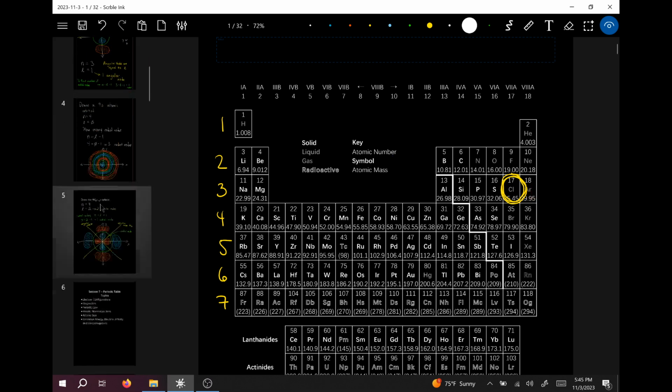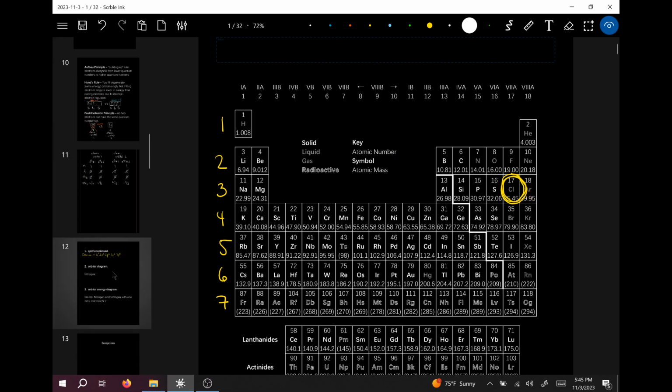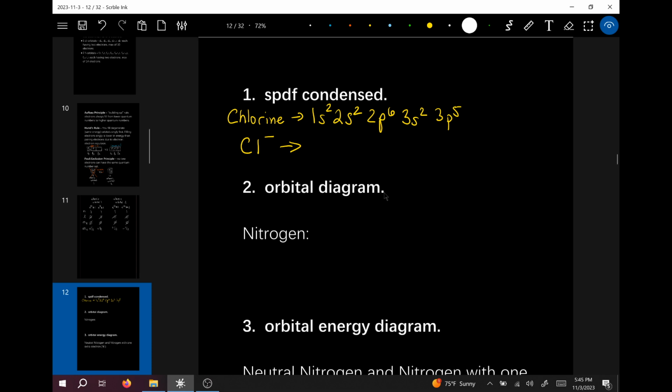So again, I have to ensure that I have 18 electrons here, not 17, because this is an ion. It has one extra electron. It's an anion. It will have the same beginning, 1s2, 2s2, 2p6, 3s2, and then I'll have 3p6 instead of 5 because I have that extra electron.